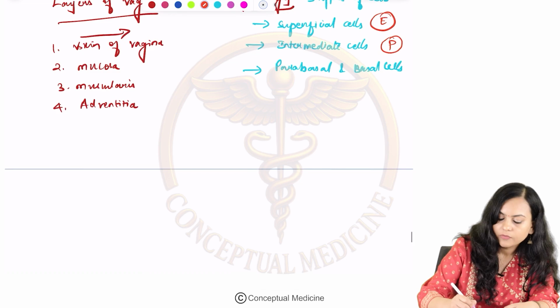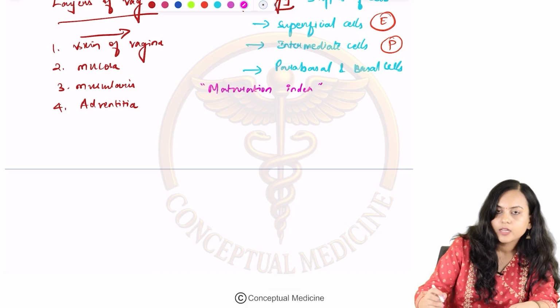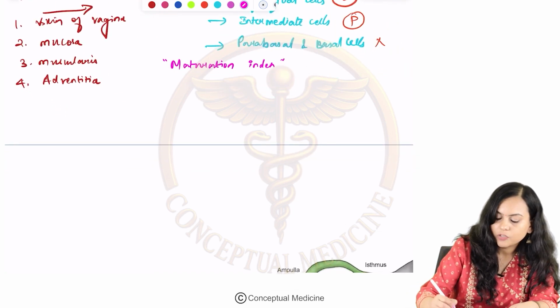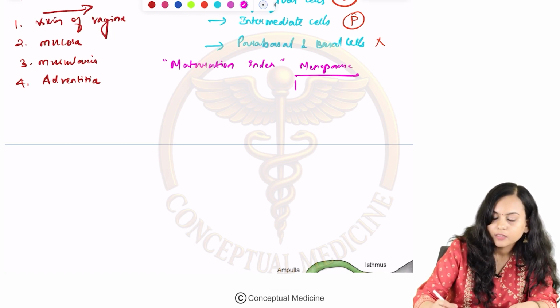So, why do we have to know about this vaginal cytology? Because we calculate an index known as maturation index in case of pathologies. Okay. So, for this maturation index, we'll be writing the ratio of cells as parabasal, intermediate and superficial cells.